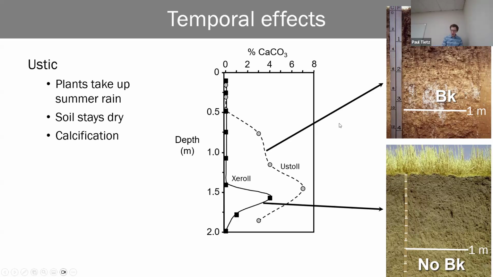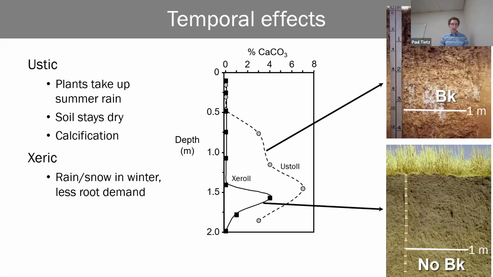We see the calcification, whereas in the xeric profile, all the rain and the snow, our precipitation, is happening in the winter, where maybe plants aren't growing quite as productively. There's less demand for water from roots in the soil profile. More water is going to flow through and essentially flush out, wash these carbonates from the profile, is what's happening. So at the same 1 meter depth here, we don't have a Bk.